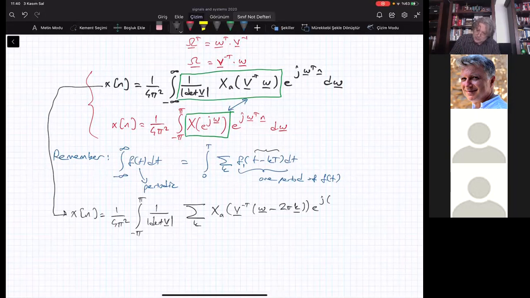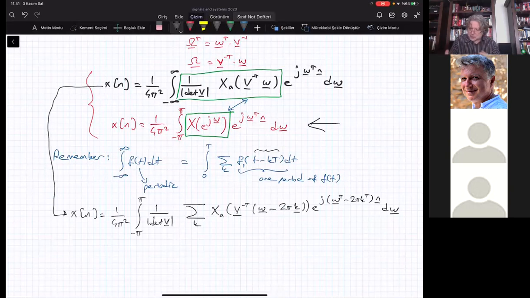Instead of omega, I will write omega transpose minus 2 pi k transpose. I could put the transposition after the parentheses times n, and finally d omega. Now here, this time, by making this kind of a substitution, it looks a little bit like this red formula, because at least the integration is from minus pi to pi.